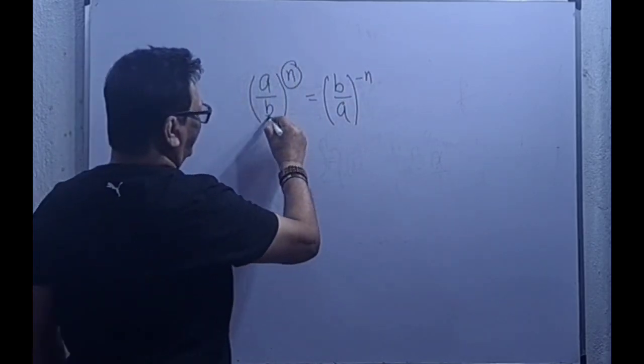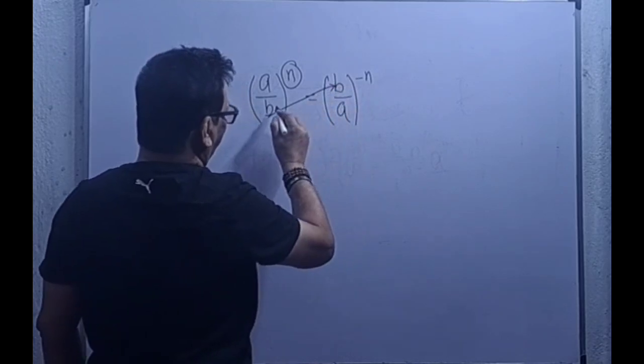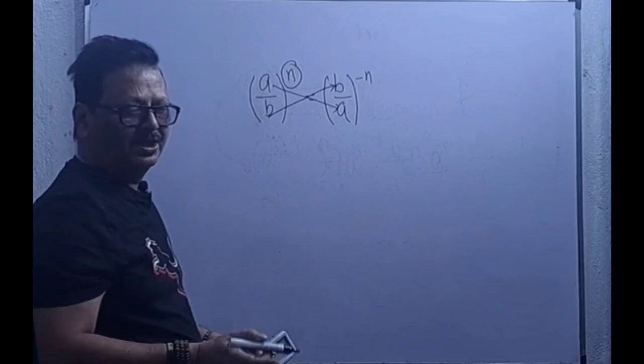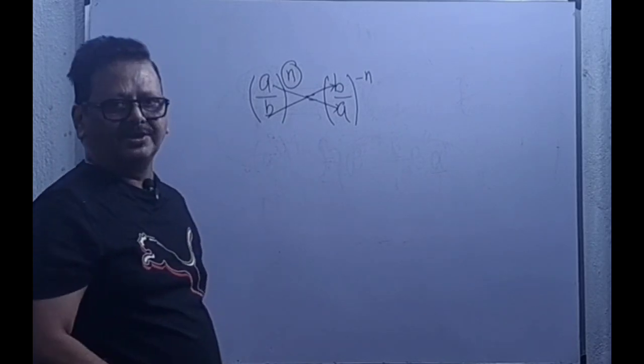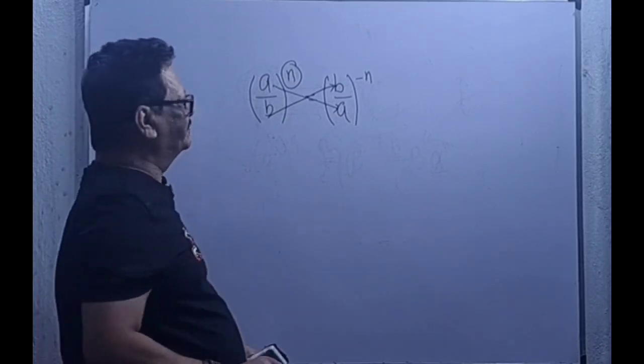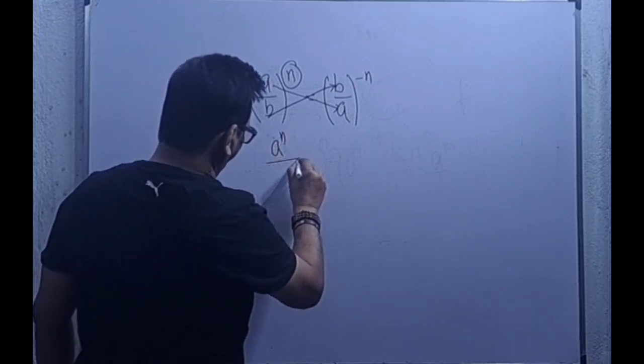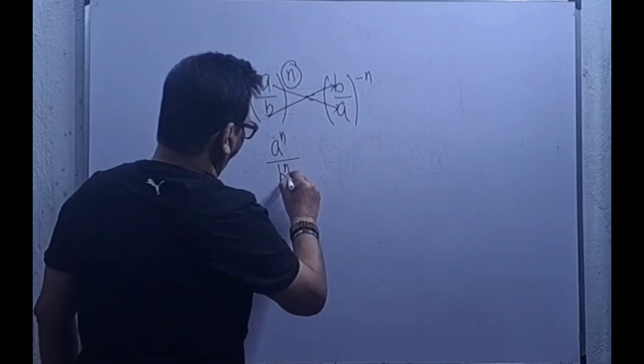See, the b has gone to the numerator and the a has come to the denominator, and they have changed their power to negative sign, like a to the power of n, b to the power of n.